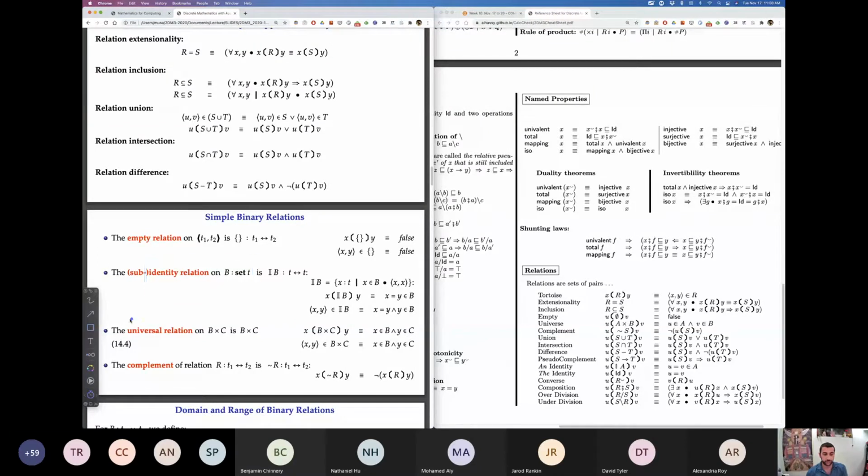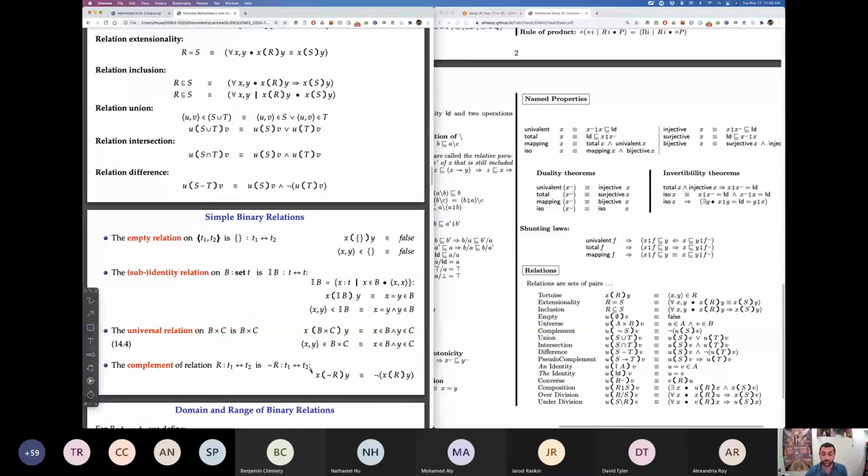Okay, folks. The universal relation says, you know what? I'm going to have all of the product B times C as my dots, and then I'm going to have a line between any 2 pair. Okay, so there's lines between everything, right? Between all the B's and all the C's. So you take your graph and you say this side has only B's, this side has only C's, and there's a line between every B and C. Okay, so if you want to think about them this way.